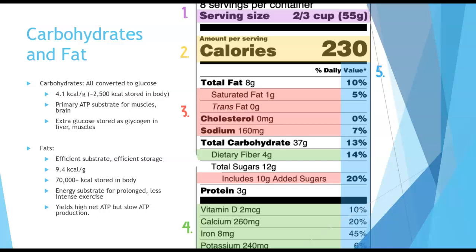Energy substrate that is used for prolonged and less intense exercise. Okay, right now you are chilling, you are watching this video, hopefully staying awake, and you are at a real low energy level, real low intensity level, right? Our heart rate's nice and low.